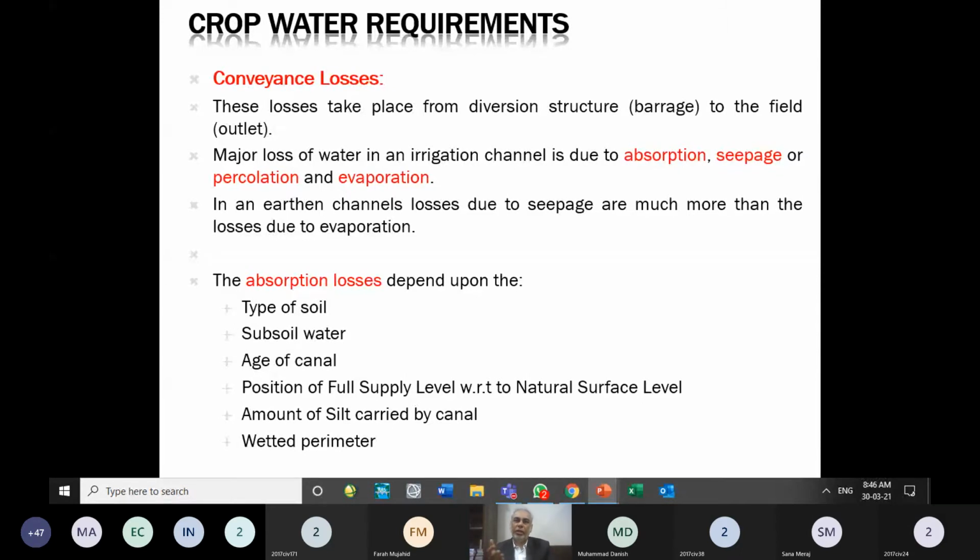But if it is an unlined channel, usually we expect that there will be some deposition on the banks and the bed of the canal, and that deposition of silt and clay will reduce the seepage losses.